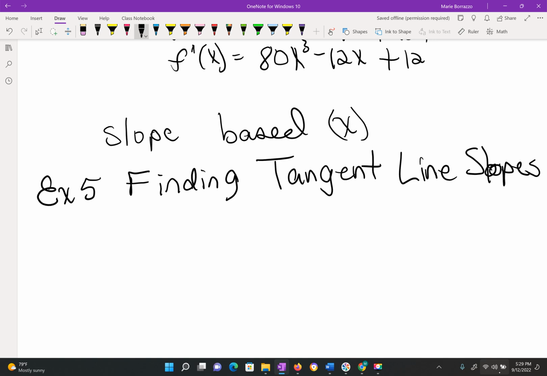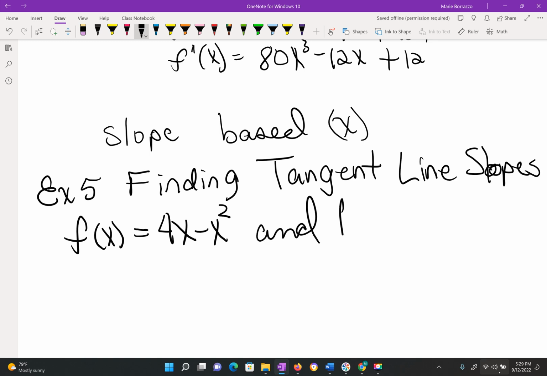So they're saying we have the function f of x is equal to 4x minus x squared, and found the first derivative to be equivalent to 4 minus 2x.